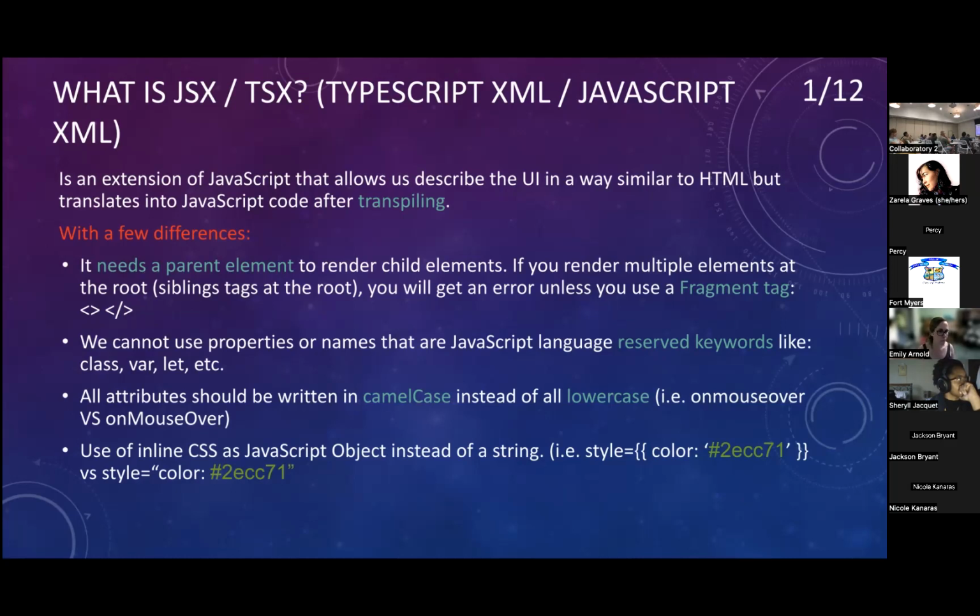HTML is a bit forgiving. You can use any case and it works. But in this case, you have to use camel case all the time because it has to follow that structure. And for the CSS, you have to use object notation instead of strings like you used to use in HTML. So those are the main things to keep in mind. There are a few more differences, but these are the main ones that you should be aware of.